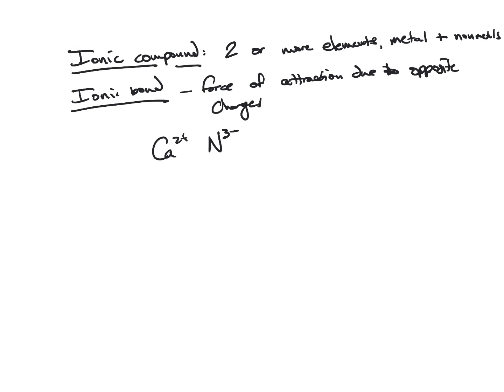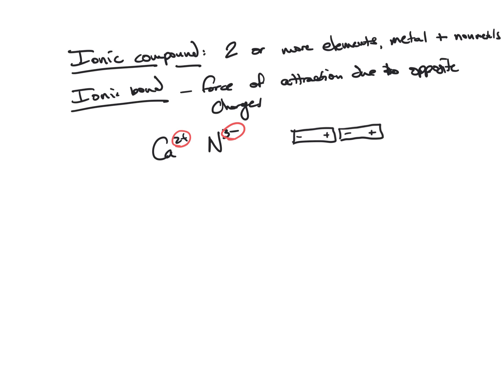These two are going to be attracted to each other because one charge is positive and one charge is negative. We're going to actually have more come in here, and that is going to be our ionic bond that holds these together due to opposite charges, much like the way magnets are held together. If you've ever played with a magnet, you know it has positive and negative ends, and it'll be attracted to an opposite charge.